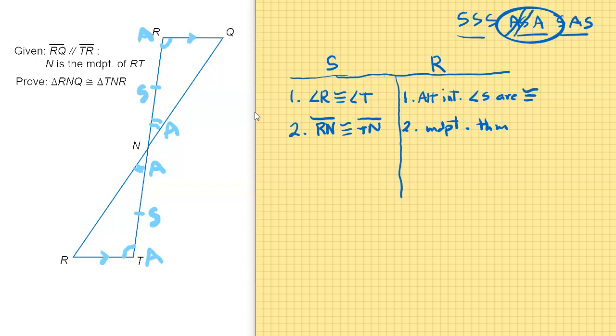We just have one more pair of angles to show are congruent, and we already found those. That is the vertical angles RNQ and TNR. So I'm going to try to fit this in here.